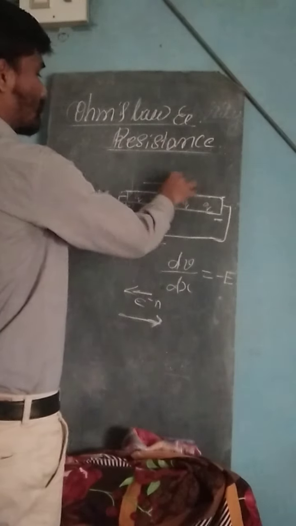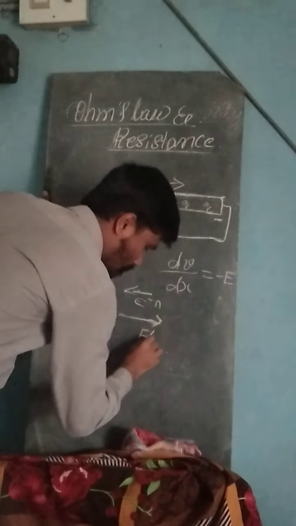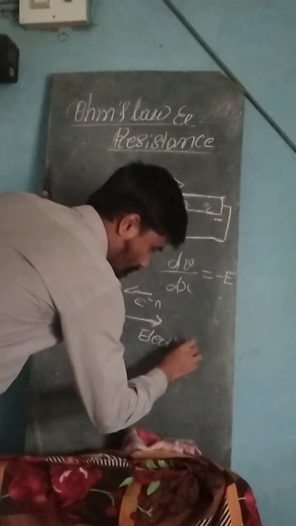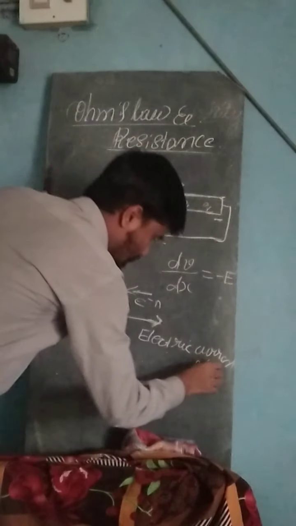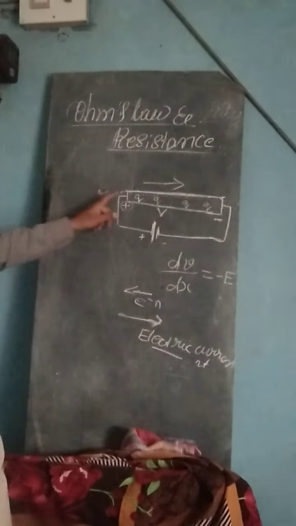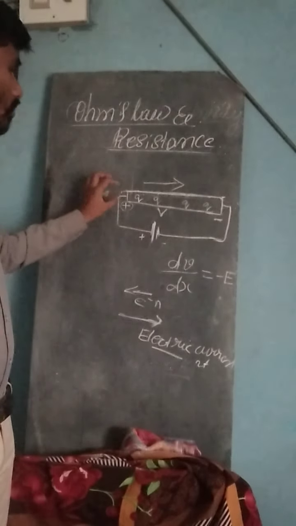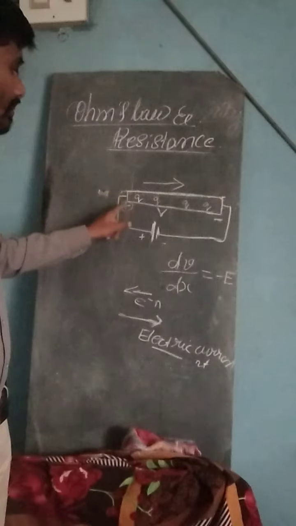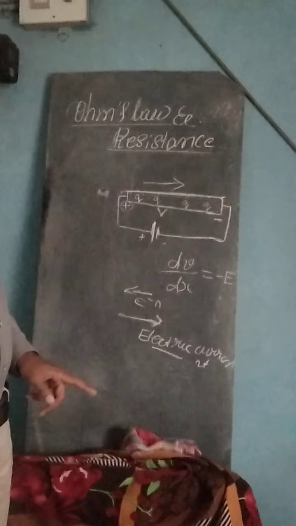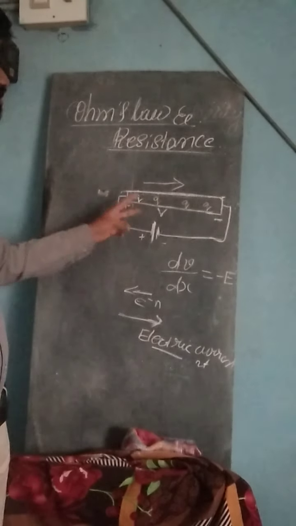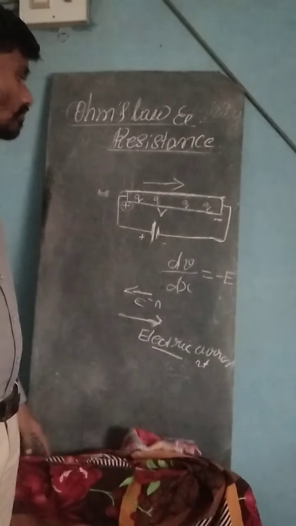The electric current moves from the positive region to the negative region. Why? Because positive charges are present here, and they are attracted to the negative charges, since these are opposite kinds of charges, so the positive charges move towards the negative side.